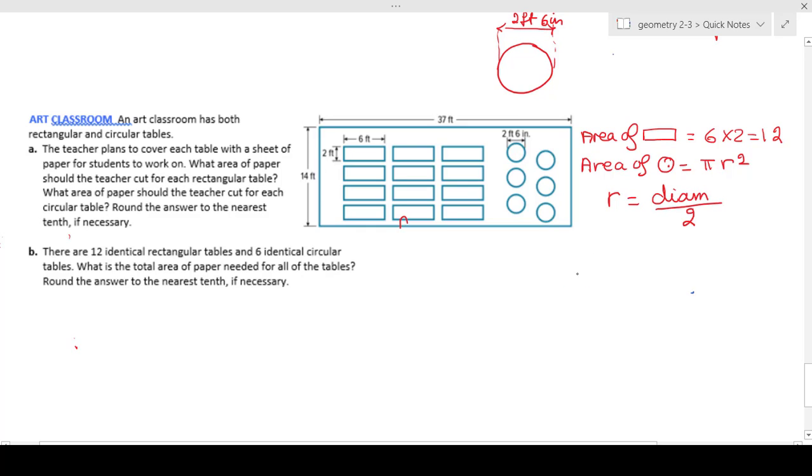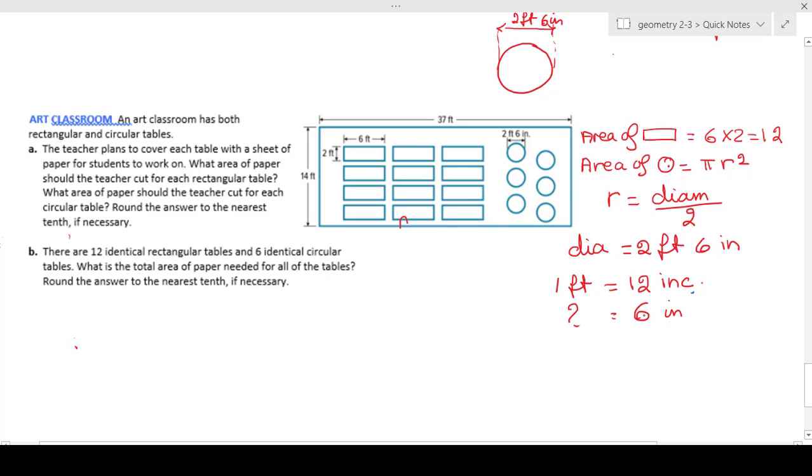Okay. Now my diameter here equals 2 feet and 6 inches. I must transfer the 6 inches into feet to be able to divide it. So I know that 1 foot equals 12 inches. So if I have 6 inches, how can I transfer them to feet?